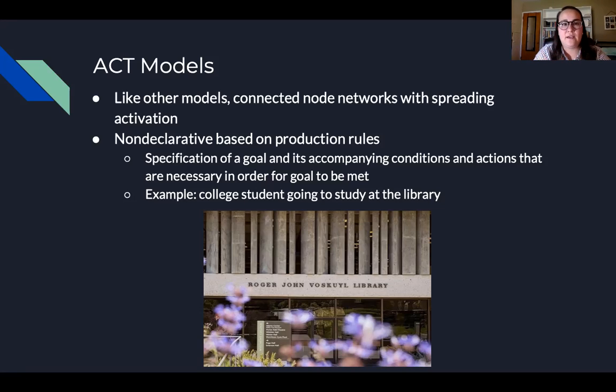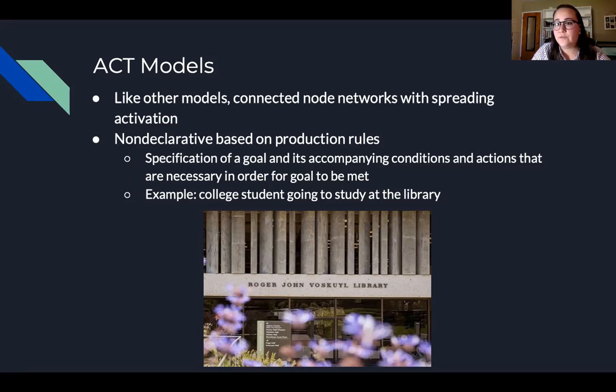Because of that, like other models, it has a lot of shared features, where it's the idea of connected nodes in networks that become activated with spreading activation. This model was proposed by John Anderson. It's called the adaptive control of thought model. That's what the ACT stands for.